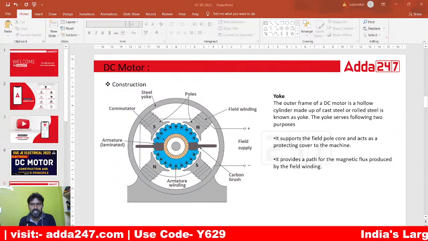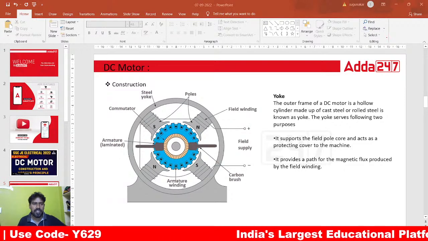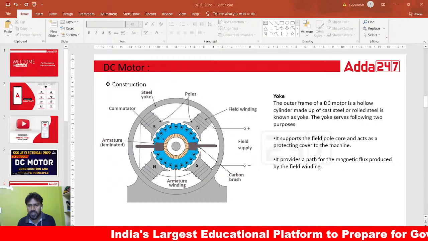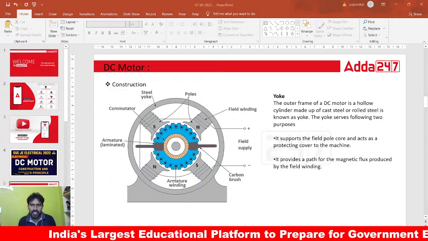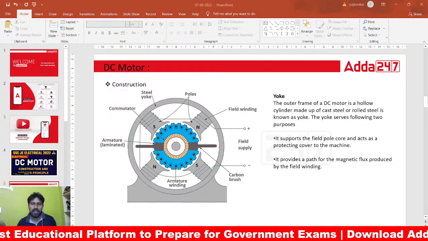So we generate mechanical energy by giving an electrical power supply. We need to do some work, so we need a motor, suppose to pump water.